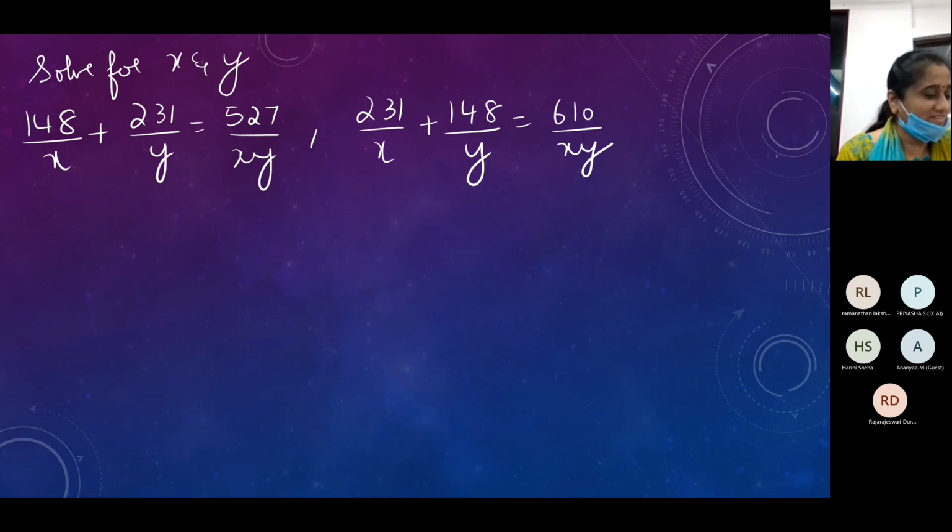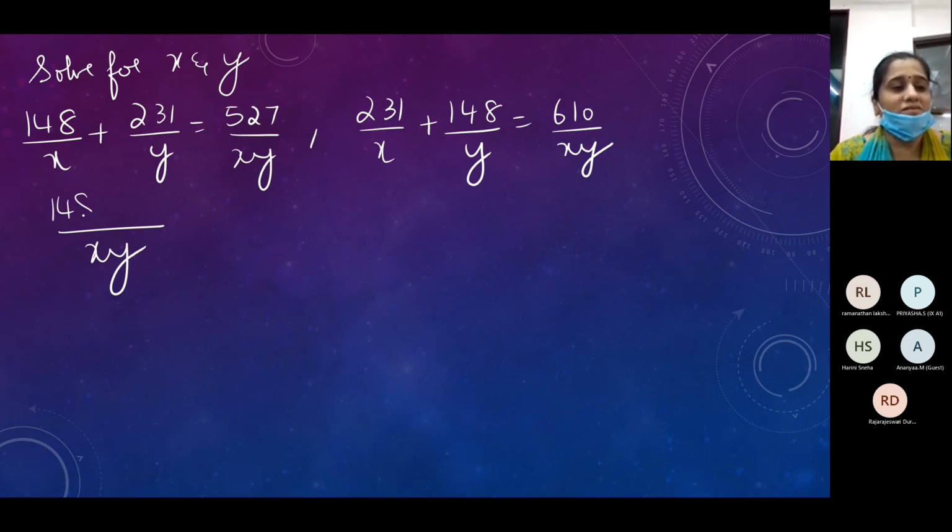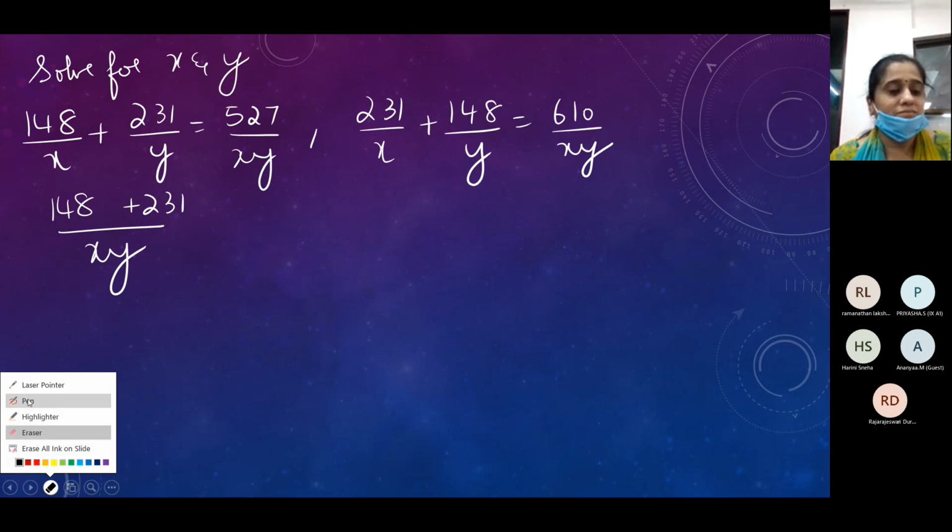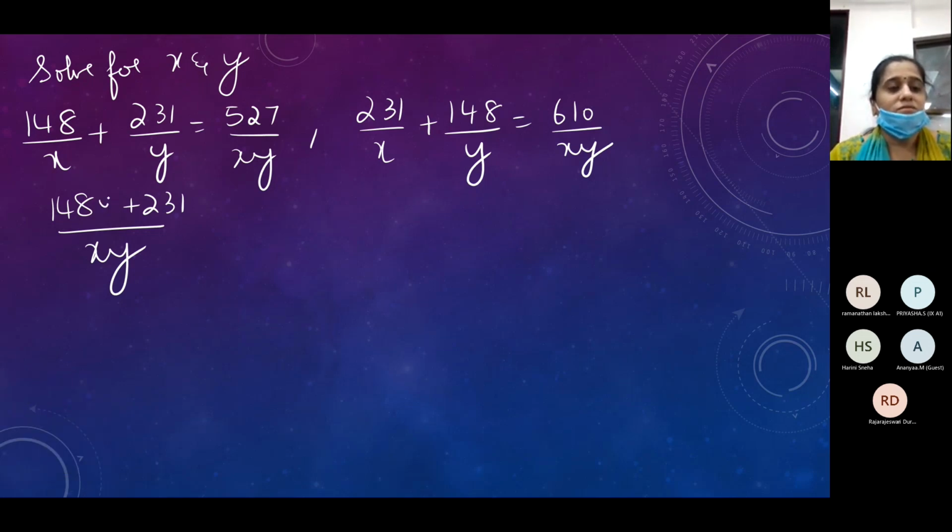That was really fast. Yeah, 1, 2. That was super fast, I think. xy common denominator. So 148x plus 231y, 1 minute. x is equal to 527 by xy.